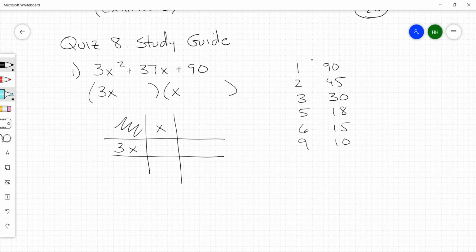What's 18 and 15? That's only like 32, 27. Oh, here we go. With this 9 and this 10, if I go 9 here and 10 here, 3x times 9 is 27x, and x times 10 is 10x. And then I got my 90, and I got my 3x squared. Everything is positive, so we got 3x plus 9 and x plus 10. That wasn't so bad.